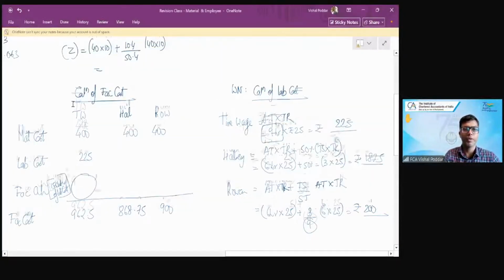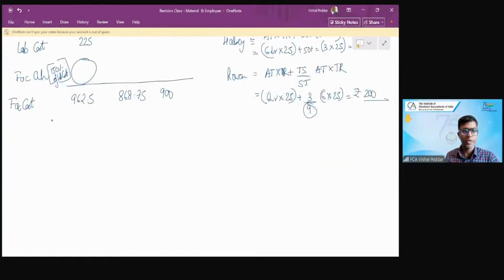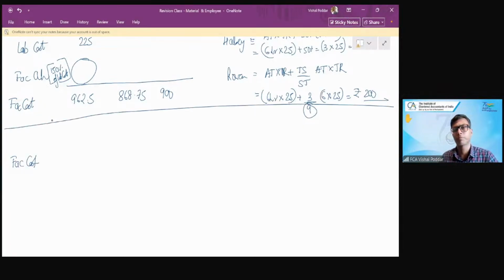They have given you the factory cost. We already know factory cost is made up of direct material, direct wages, and factory overheads. We cannot calculate this yet because we do not have the wage rate, and that is where we have assumed two things. So just keep this in mind.